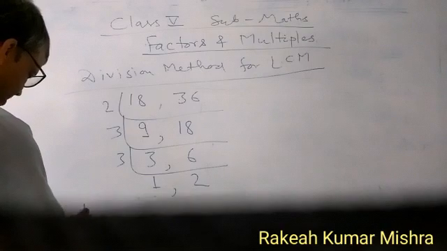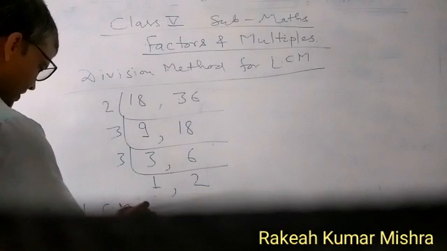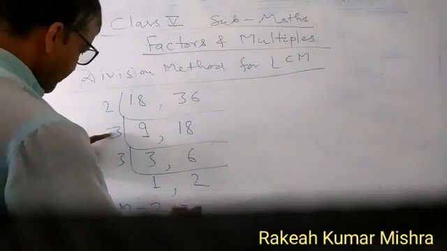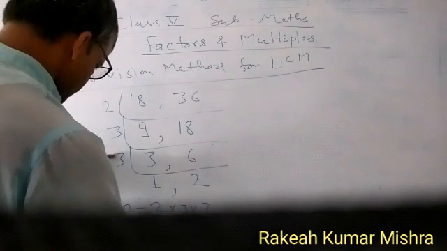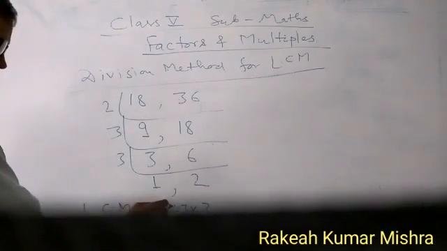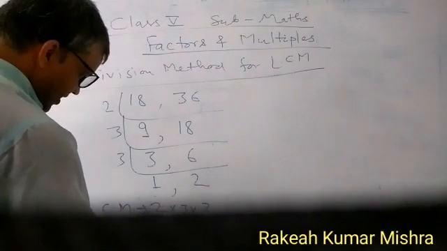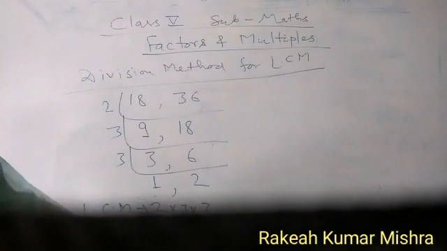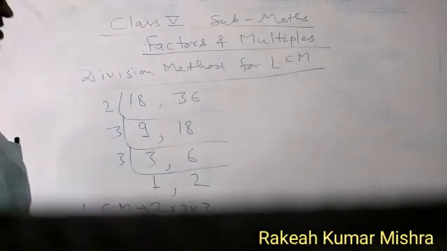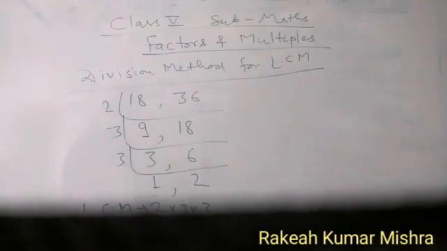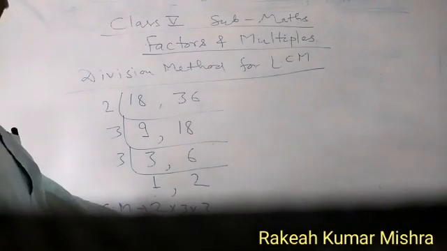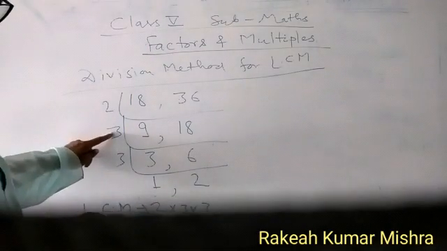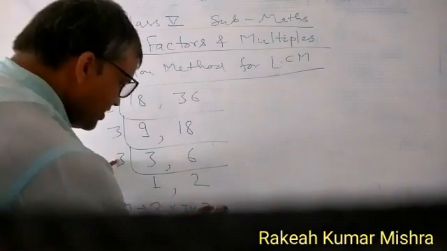So LCM will be written like this: 2 into 3 into 3. What will it be? 2 threes are 6, 6 threes are 18. 2 is left here.